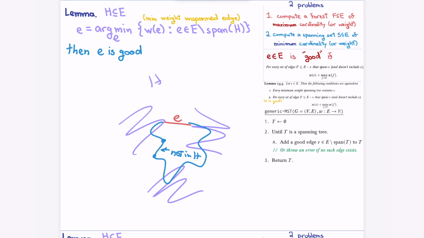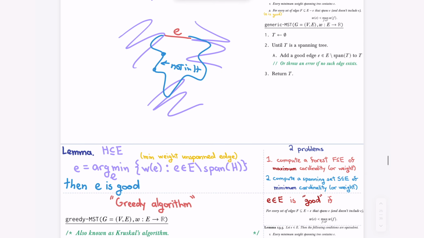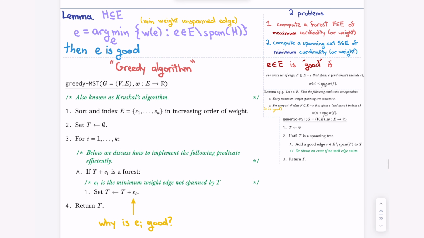Okay, good. Now we can start just vomiting algorithms. Okay, so the greedy algorithm. Let's take the minimum weight edge. Now let's take the second minimum weight edge. Now let's take the next minimum weight edge that's not spanned by the first two I've taken. Okay, let's take the next minimum weight edge that's not spanned by the first three I've taken. So this might be obvious, but for that fifth edge, what are the sets H that justify our choices?